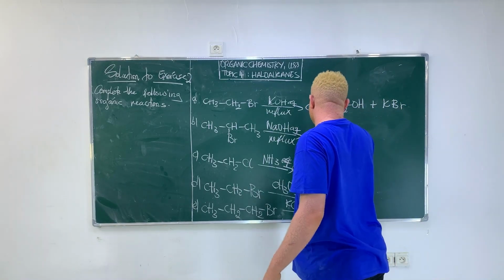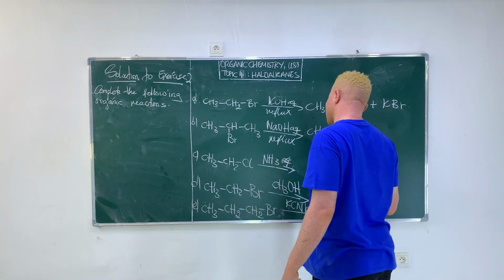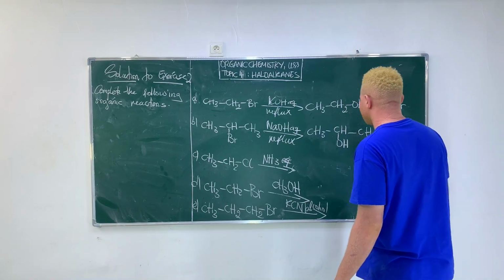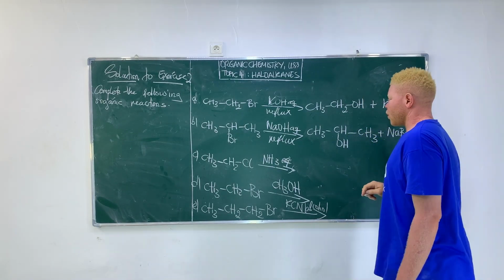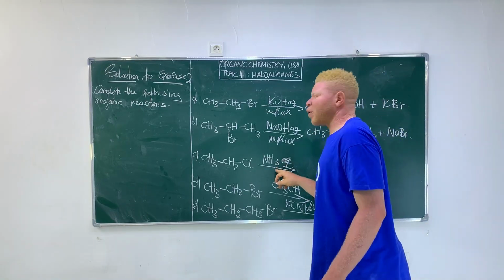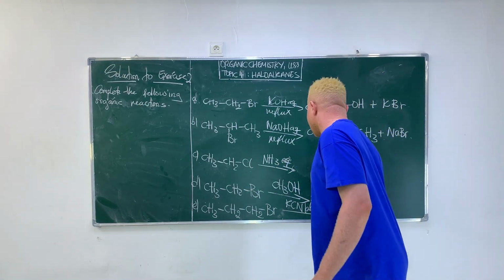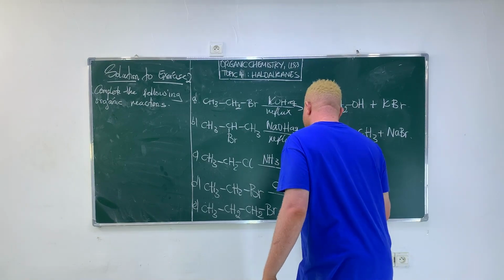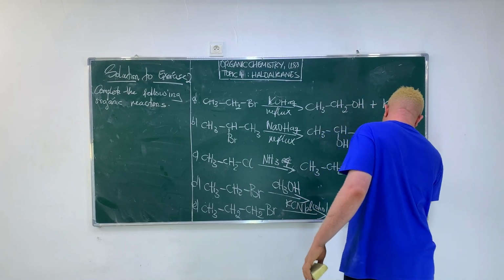We have CH3CHOHCH3 plus sodium. Next, ammonia, one of the hydrogens takes the chlorine atom to form HCl. So we have CH3CH2NH2 plus HCl.